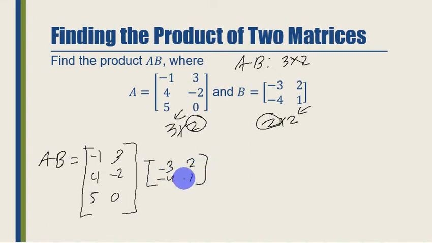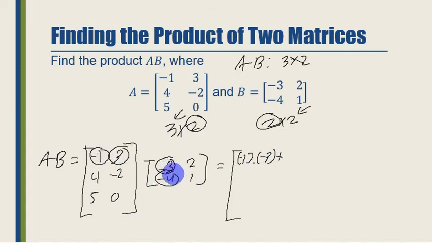So, when we multiply our matrices, what we would need to do are the following. The first entry of the product matrix would be the sum when I multiply -1 times -3, then I add it to 3 times -4.